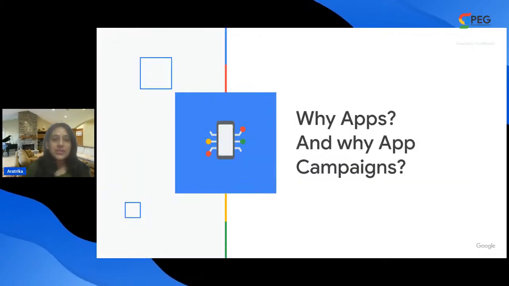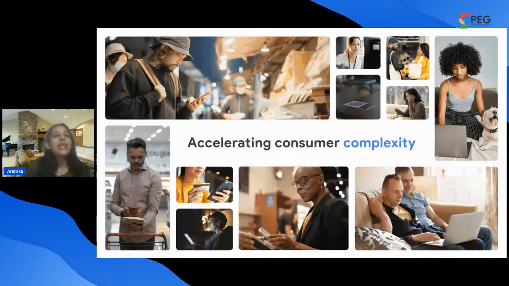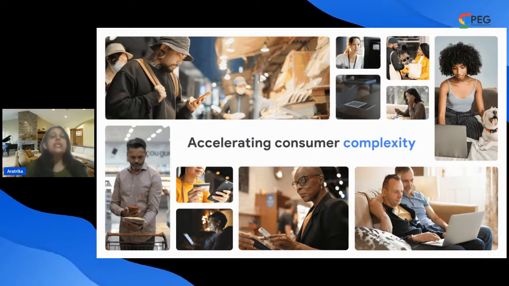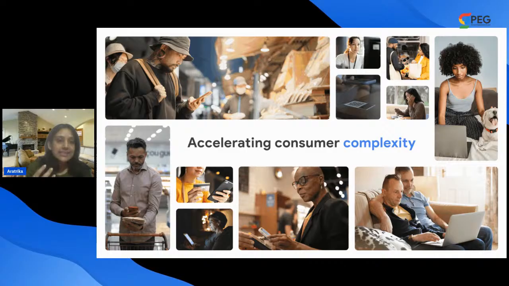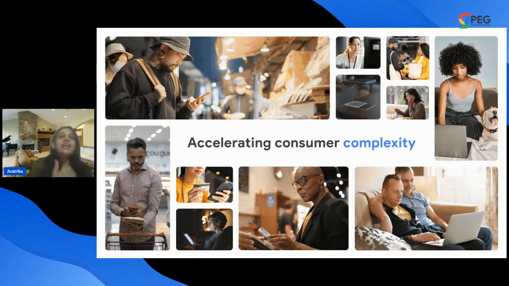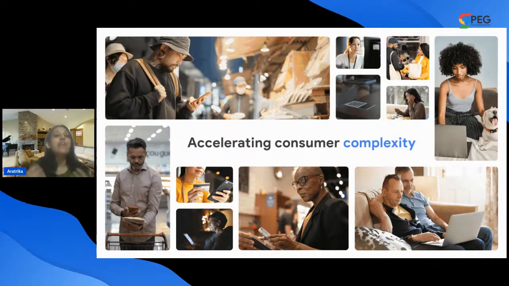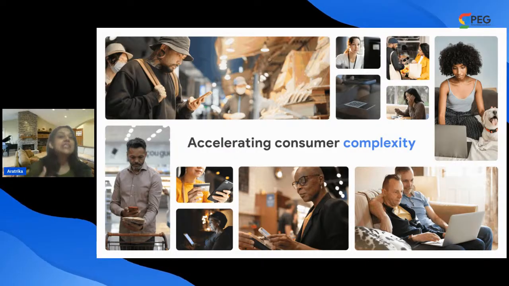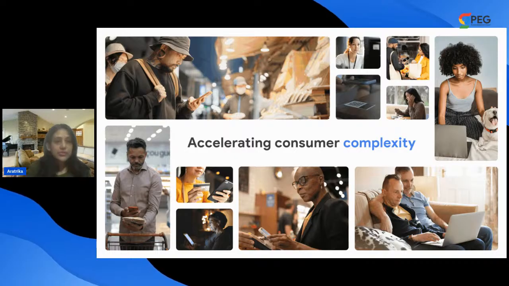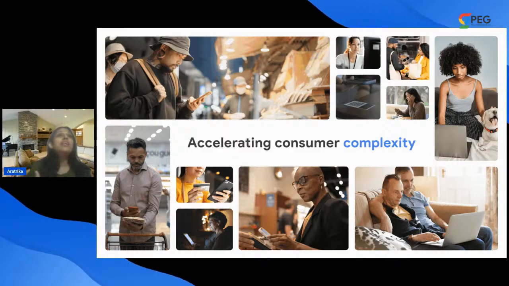Now, the first question that we would like to answer is why app and app campaigns? We all understand and acknowledge that the entire consumer journey is accelerating at a very high speed and has become more and more complex, for obvious reasons. There are so many platforms available right now. There are so many different ways a consumer can search for a product. There is web, there is app.